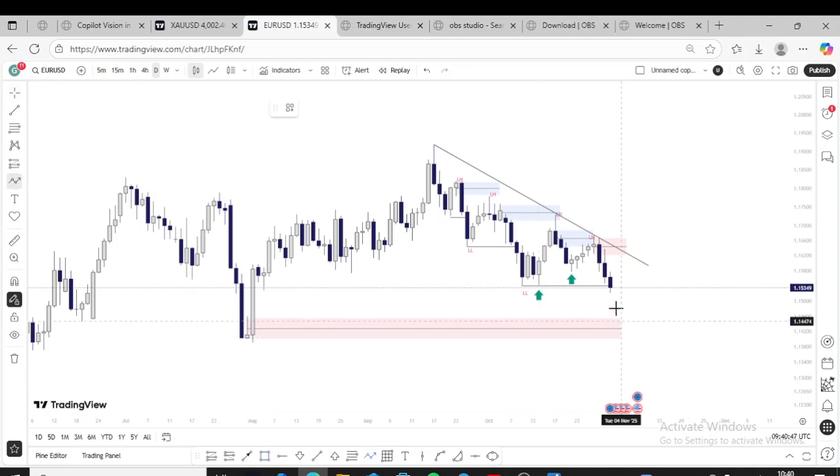Price might drop here even before going to the upside, or it might go to the upside even before coming to the downside, right? It might do this first, or it might do this first. I don't know, but I'm going to read the price action as price unfolds itself.